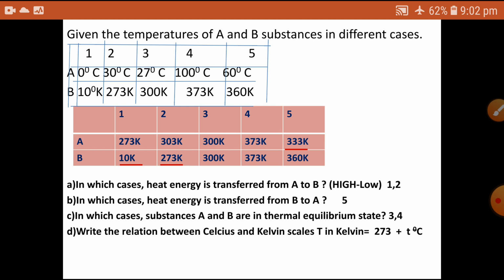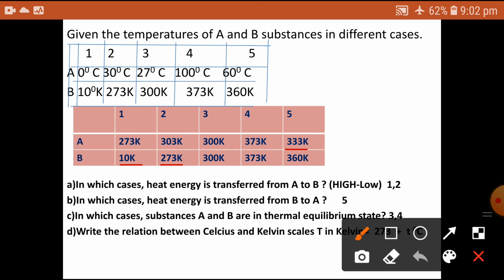Let us see. Here A is at 273, B is 10 K. So A is at higher temperature. A to B, the heat will transfer.